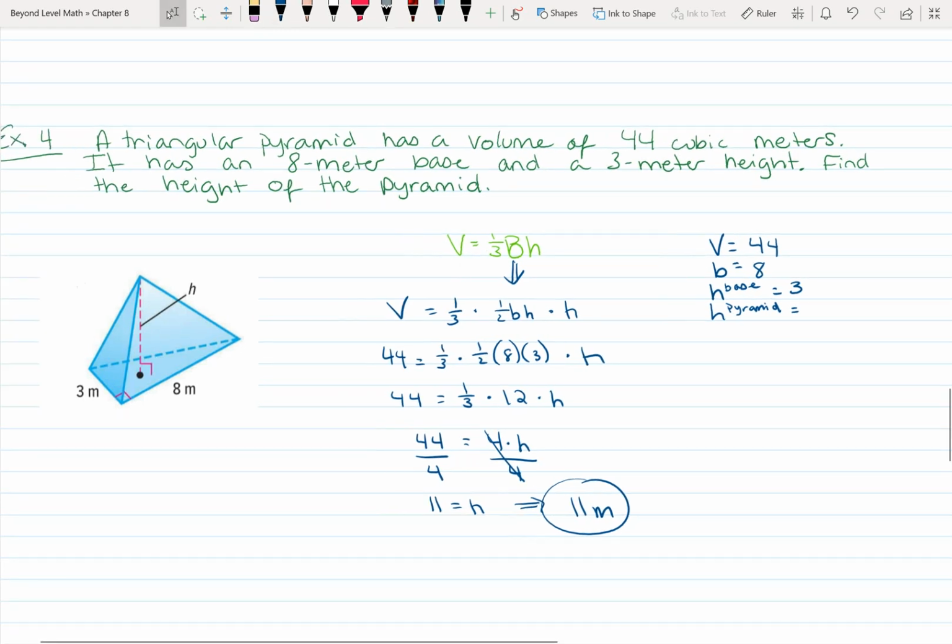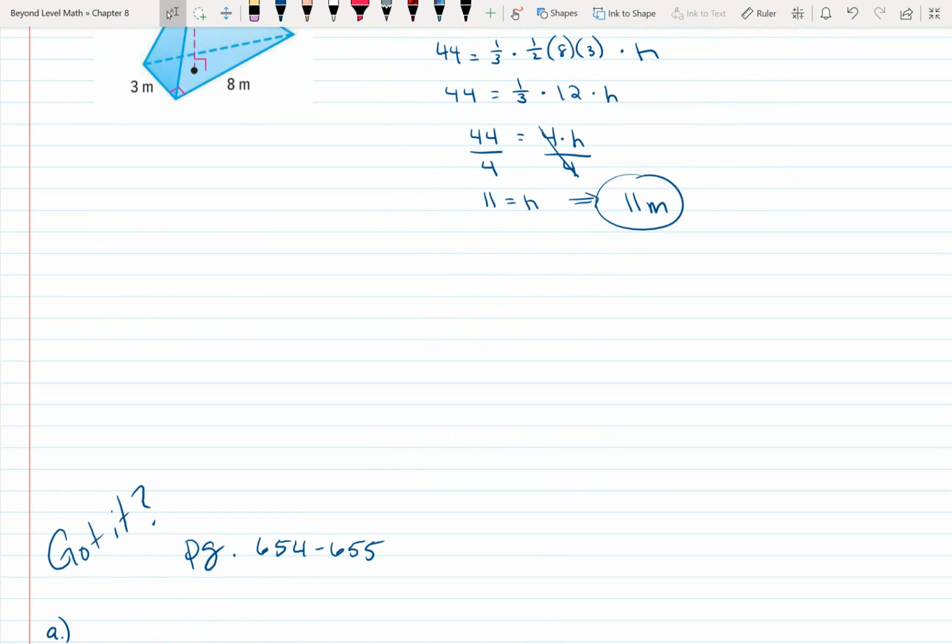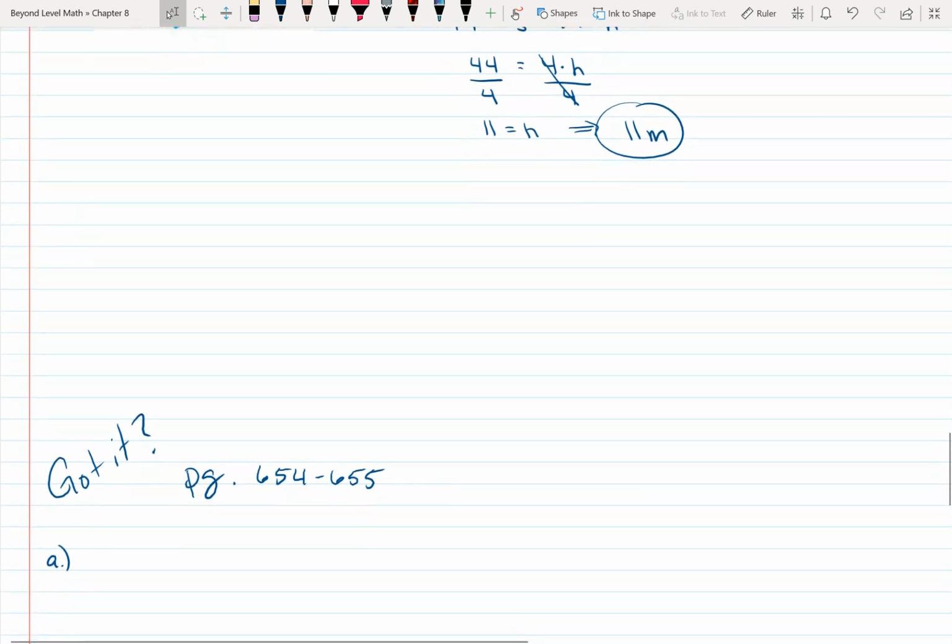Alrighty, so now we are moving into the got it's. So go ahead and pause the video and work through the got it's on pages 654 and 655. It's just A, B, and C. Oh, there is a C. So A, B, and C. Pause the video, work through it, then check your work with my work. Again, show all necessary steps. I will tell you now that you are turning in your homework for tonight.